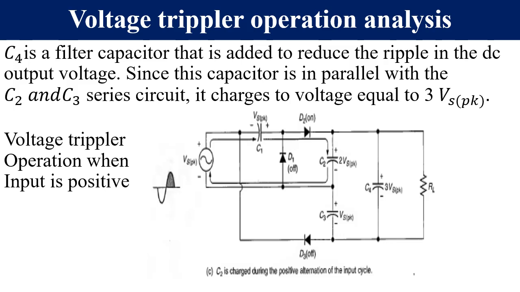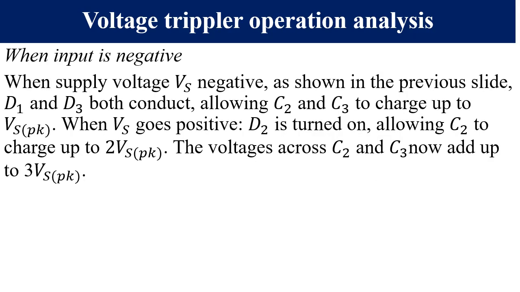And please take note that C2 and C3 are in series, so that we add the peak supply voltage across C3 plus 2 times peak supply voltage across C2 to give us 3 times peak supply voltage. If you go through it, it will make you understand better the two circuit diagrams for a positive half cycle and for a negative half cycle.